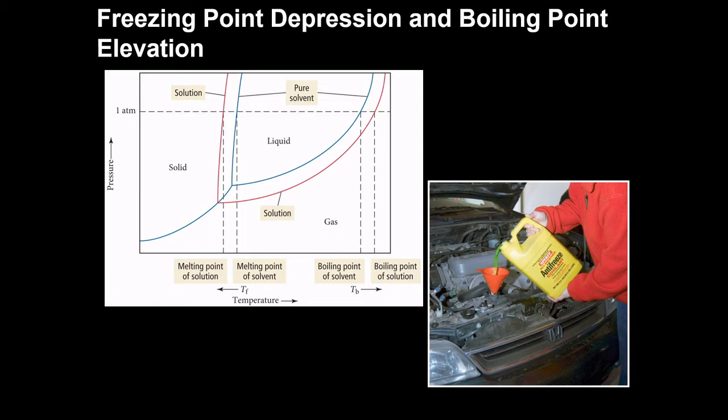This is why we use a solution of antifreeze that is 50-50 ethylene glycol and water, because we want to have that lower freezing point, but we also want it to be able to go to higher temperatures before it turns into a gas as well, because the liquid is what is useful for carrying away heat, and solids and gases not so much.